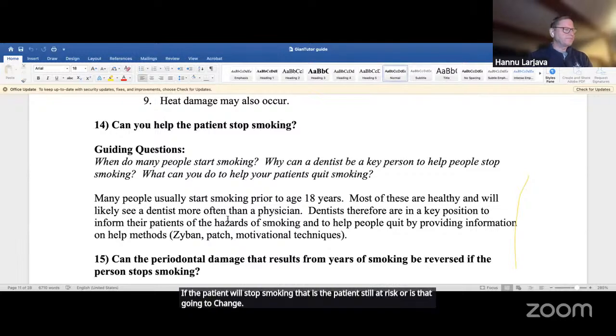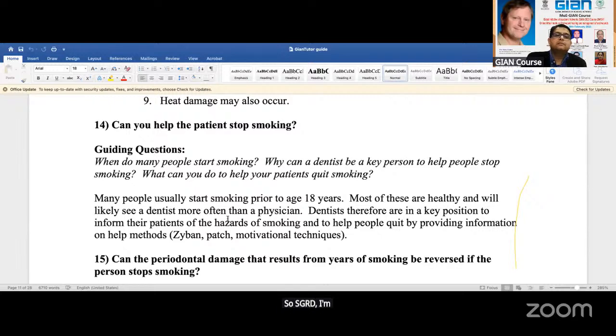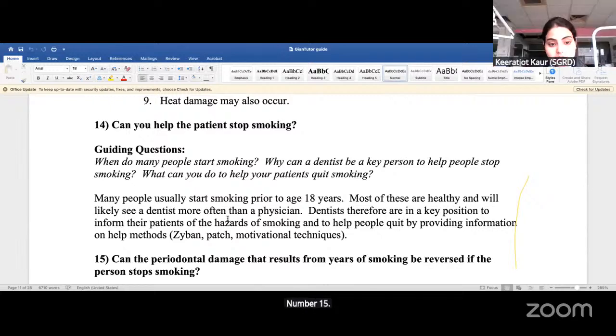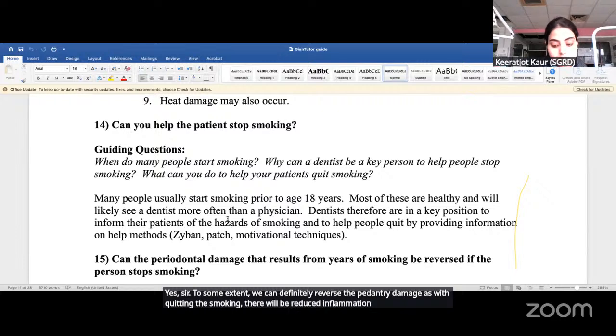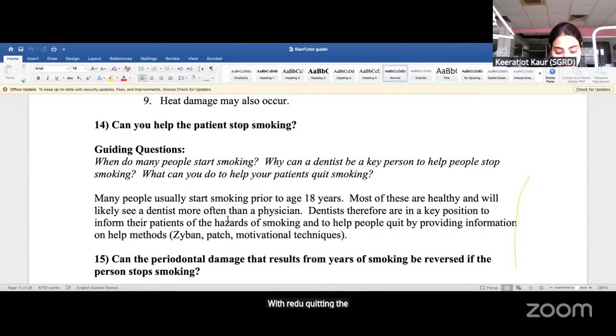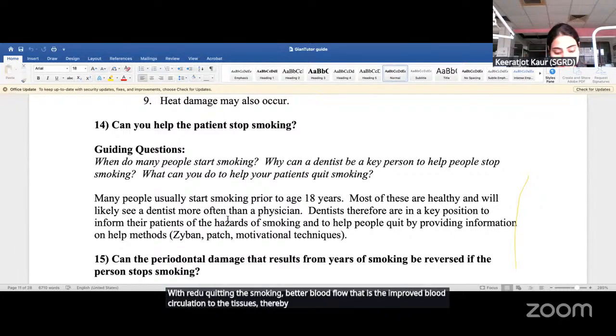Number 15. SGRD Amritsar, please answer this. Yes, sir. To some extent, we can definitely reverse the periodontal damage, as with quitting smoking there will be reduced inflammation. Smoking suppresses the immune response, making gum inflammation less visible. Once the smoking stops, the gums may appear more inflamed, but that is definitely a sign of healing. Quitting smoking gives better blood flow, improved circulation to the tissues, thereby promoting their repair and regeneration.